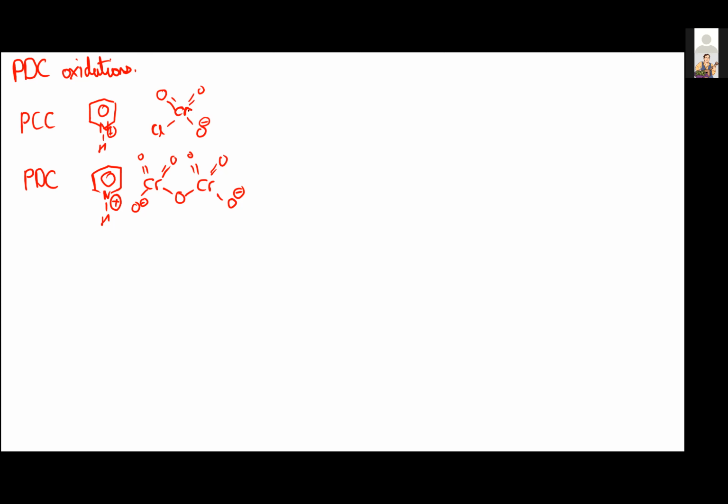The reminder of what these things are: they are mild oxidants that oxidize alcohols to aldehydes. They do not go all the way to acids like the Jones oxidation. The reason I'm coming back to these is that chromium loves oxygen. All the metals love oxygen. Oxides are what exist in nature, right?